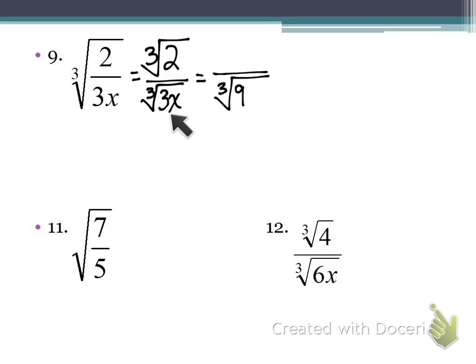9. We've already got 1x, but in order to make a group of 3, we need how many more? 2 more, so that would be x squared. Do we all understand how I came up with the 9x squared? We need groups of 3 to be perfect cube roots.